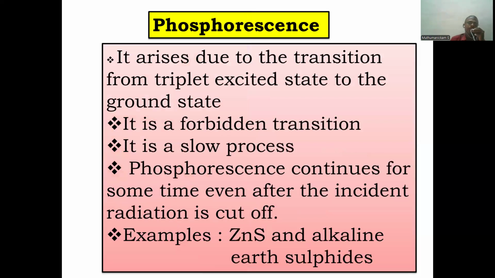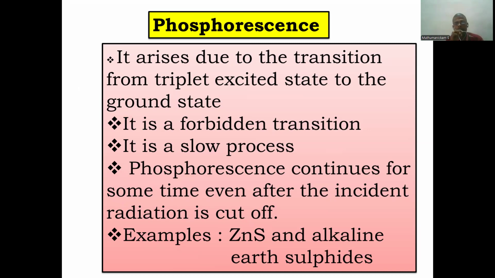Next is phosphorescence. Phosphorescence arises due to the transition from triplet excited state to ground state, that is T1 to S0. It is a forbidden transition, as I told you already. An allowed transition takes place in a fast manner. Since phosphorescence is a forbidden transition, it occurs in a slow manner. Phosphorescence continues for some time even after the incident radiations are cut off.